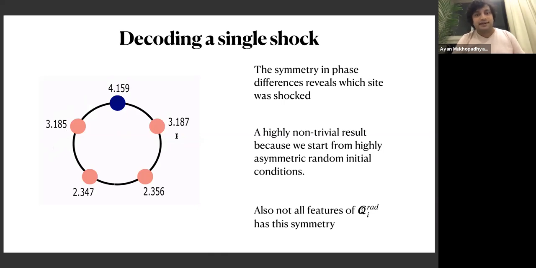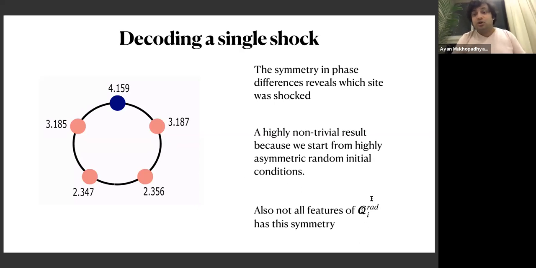These two have the same phase differences, and these two also have the same phase differences. So from this symmetry, you can understand where you have shocked. You might say it is very trivial, of course there has to be symmetry, but it is actually a very non-trivial result, because we start from very highly asymmetric random initial conditions. This happens for any arbitrary initial condition, however asymmetric it is.